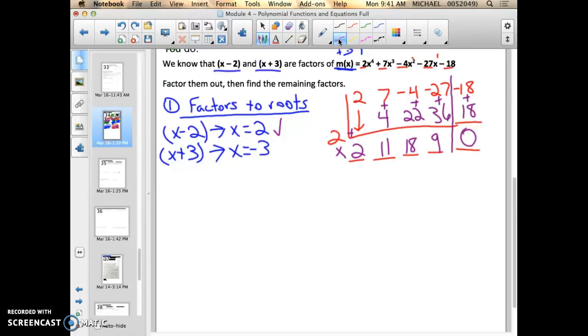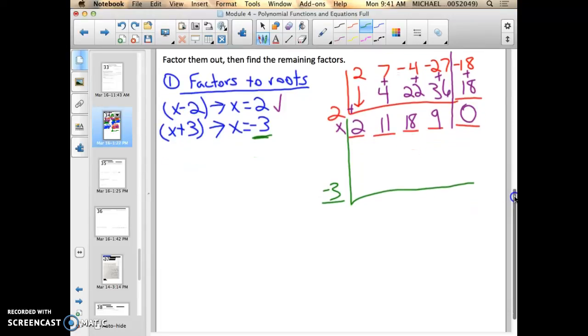Now, at this point, technically the new learning, because you can synthetically divide twice if you want to, I would just draw another synthetic division box outside of my new numbers, all right? And then here, I'm going to evaluate the next root, which is negative 3. And then it's the same process.